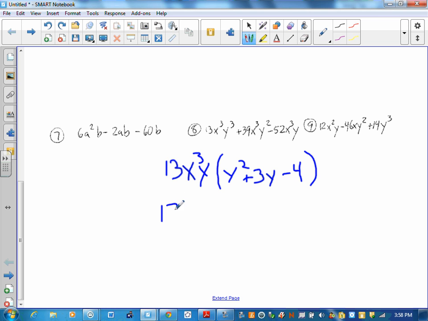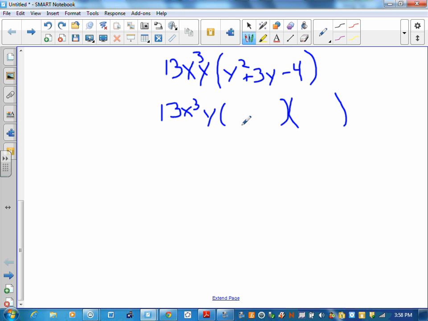So we bring down the 13x cubed y, and then we do the whole 2 sets of parentheses, put in y in each. One more. There we go, a little more space there. Y and y, this is easy factoring, isn't it? 4 and 3, plus 4, minus 1. I believe that does it. Yes. Hoo-ha. Answer.